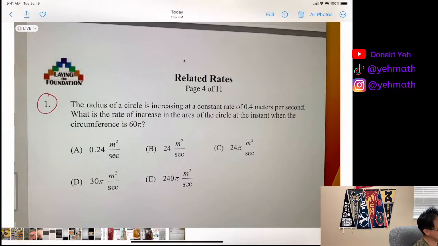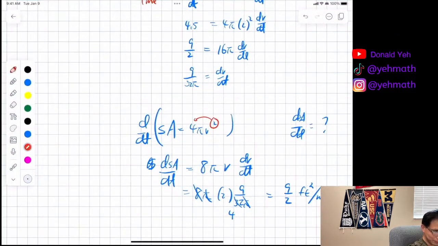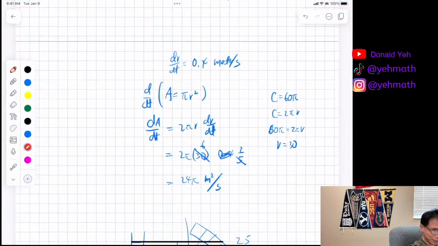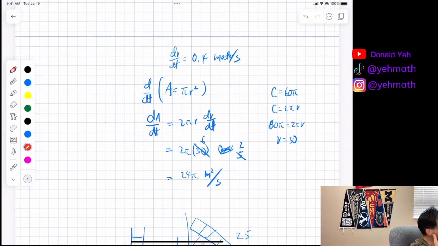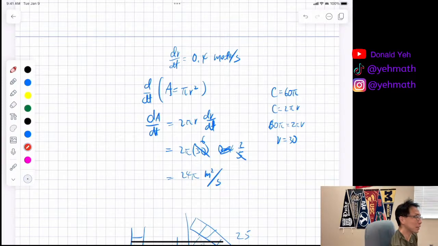I'm rereading this. Negative, positive. Did you get it? Negative, positive. 24? 24 pi or 24? The answer is 24 times pi. There's an X missing. What, your X is missing? Take points off. It's supposed to be X at the bottom.